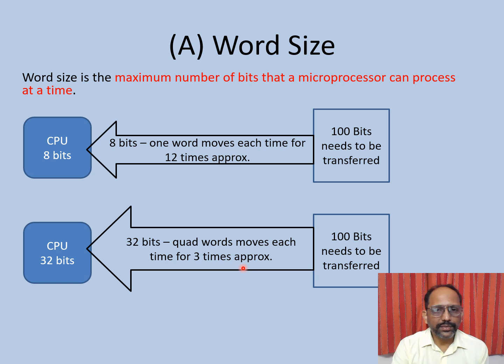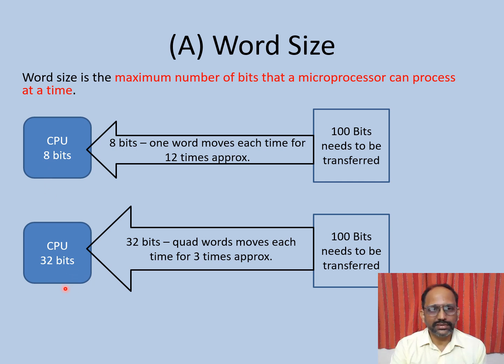That means the CPU is getting more data in 32 bits than in 8 bits for processing. So the word size is very important to enhance the speed of the microprocessor. The word size is the maximum number of bits that a microprocessor can process at a time.